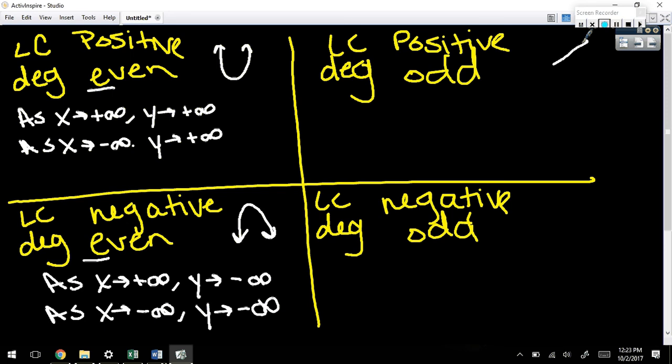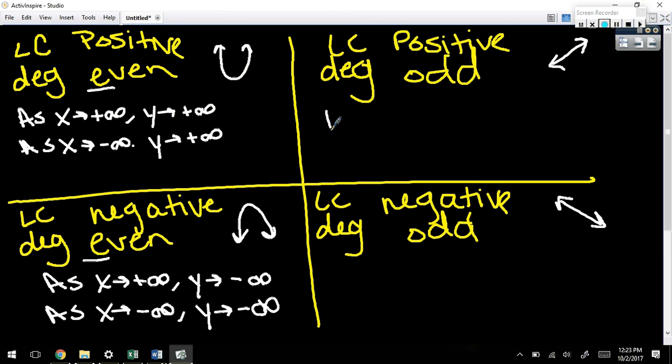Okay? Understand these little pictures I'm drawing are just ways that help me figure out what the end behavior is. To look at the picture and determine the end behavior, but the end behavior is general. Okay? All right.